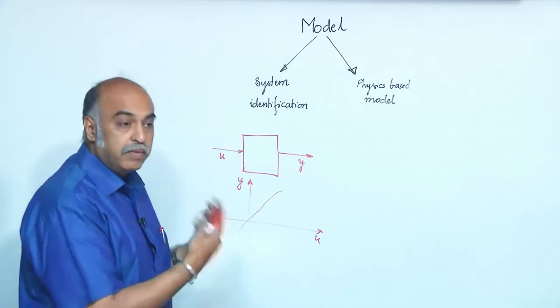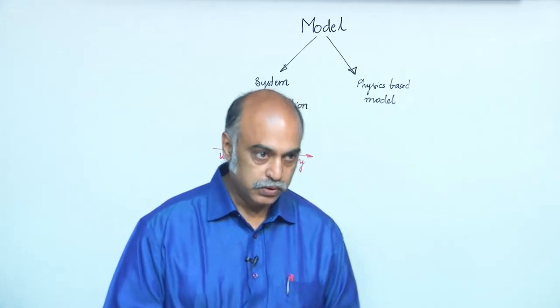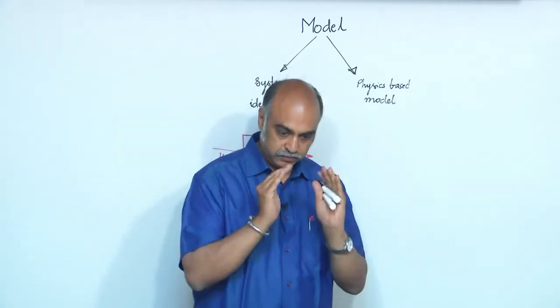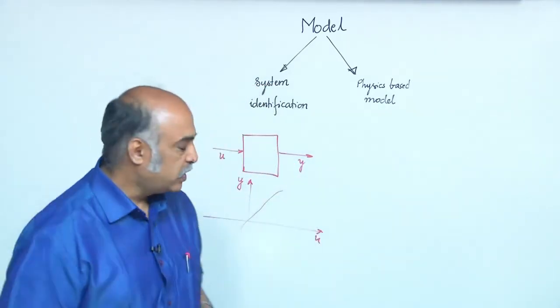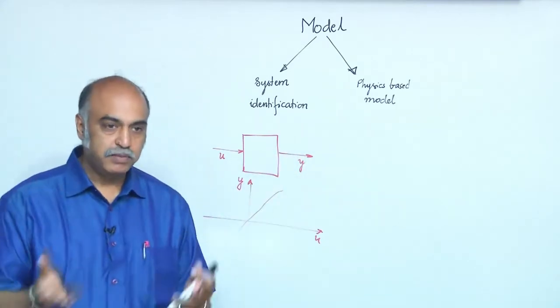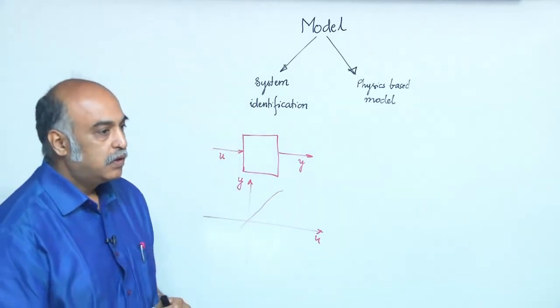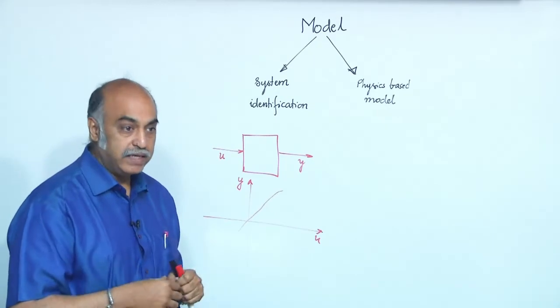This can be done online also, and most of the computer aided tools do system identification because it is easy for them to measure input output continuously, and based on that even if the dynamic shape keeps changing dynamically, they will be able to understand what the plant is in that fashion.